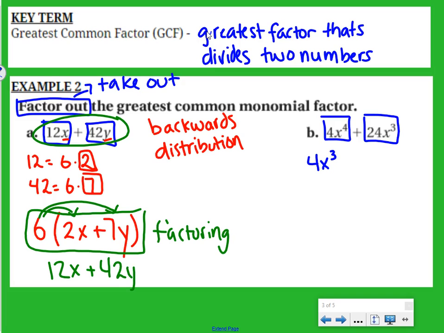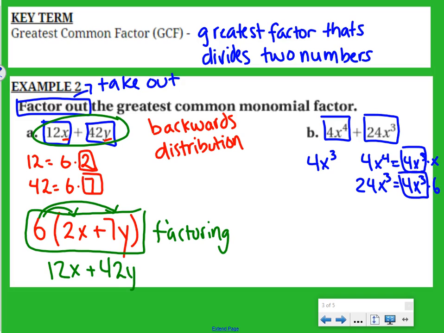And we can say that because 4x to the fourth is equal to 4x to the third times x. So we take out that factor of 4x to the third. And then 24x to the third equals 4x to the third times 6.